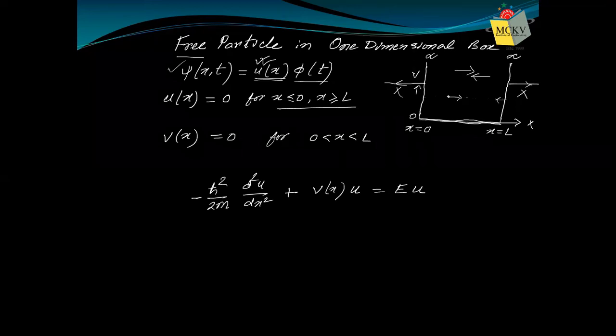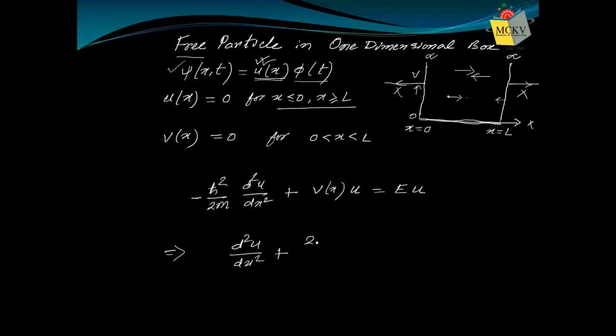There is no function of time, and the time variable itself is not involved here. And we have written it in this way also. Remember, we have written it as d2u/dx2 plus 2m by h-bar squared (E minus V(x)) u(x) equals 0. A second order differential equation in u.